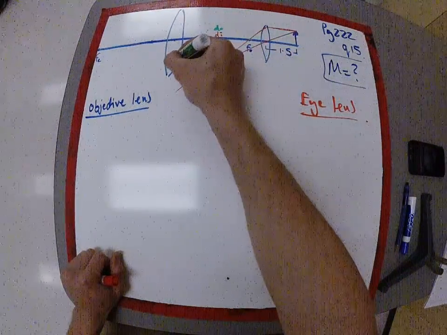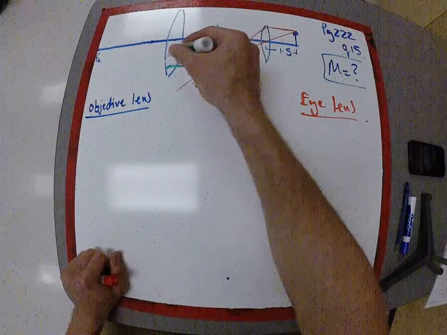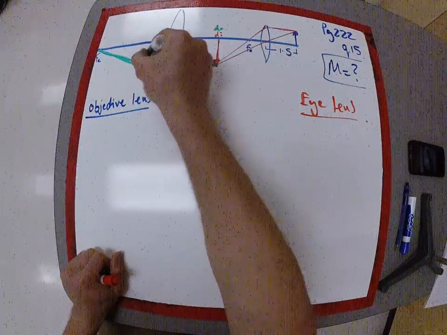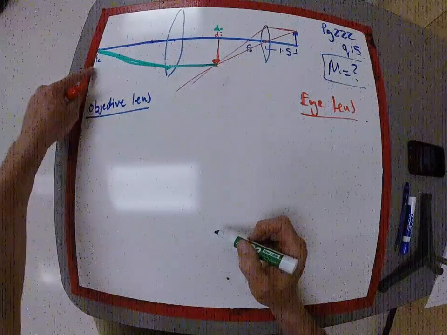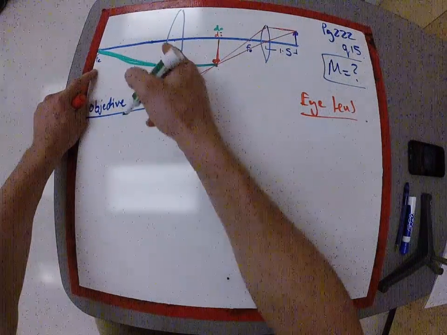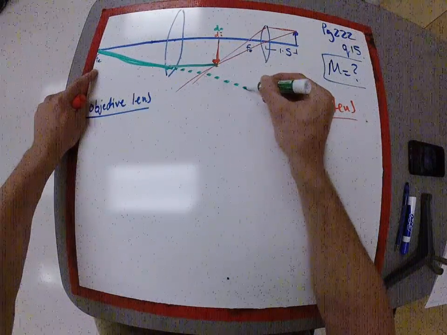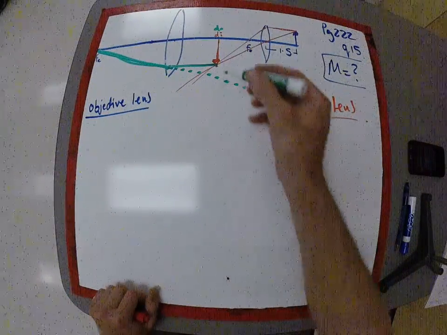We come into here, and this light is going to be refracted and sent through again, it's not straight, I apologize. It's going to go through the focal point of the eyepiece, and now we're going to just draw this backwards like this, because it's going to create a virtual image, I think.